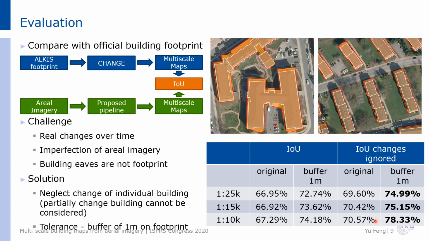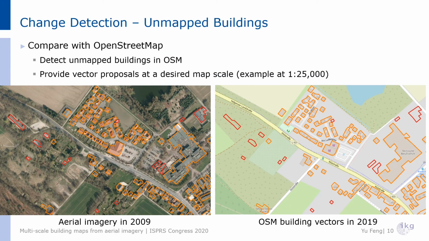And also if we consider the buffer of 1 meter, we can see around 5% to 8% IOU gain. Therefore, we can see that the imperfection of aerial imagery and the building eaves are much bigger challenges than the real changes over time.